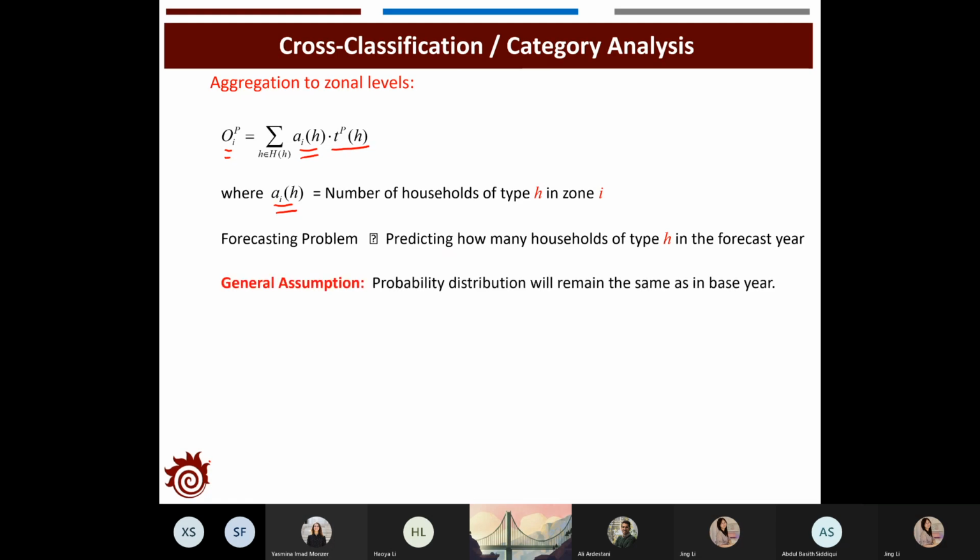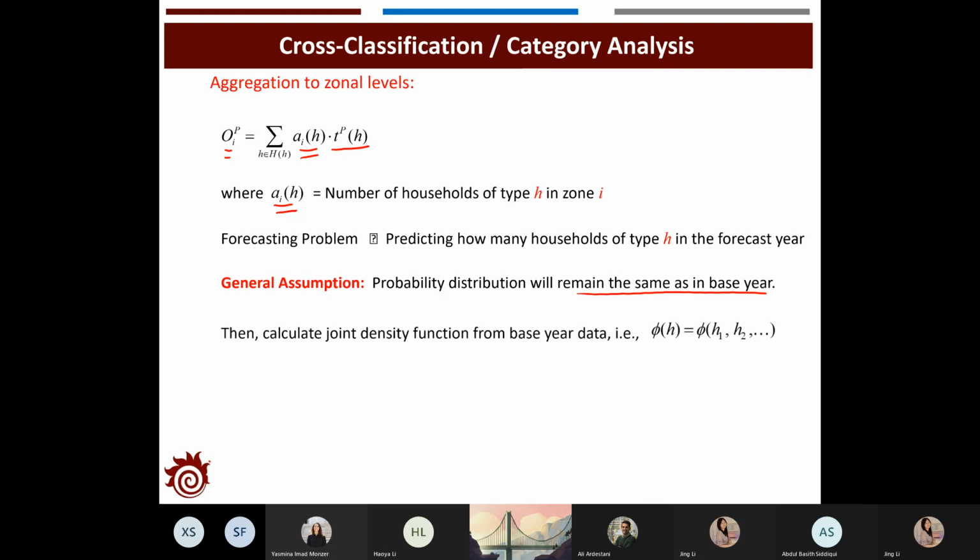Then the prediction should be conducted based on the assumption that the probability distribution of the households will remain the same as in the base year. With that, we can find the number of households in the future year based on the increase of the total population over the years.